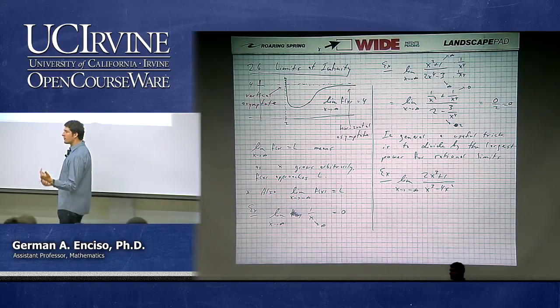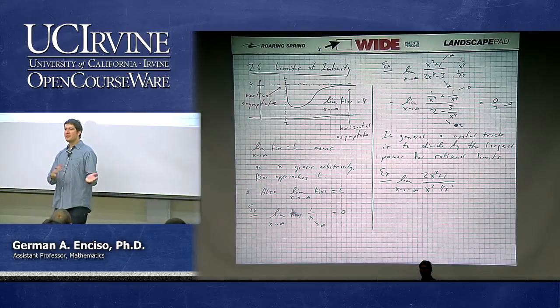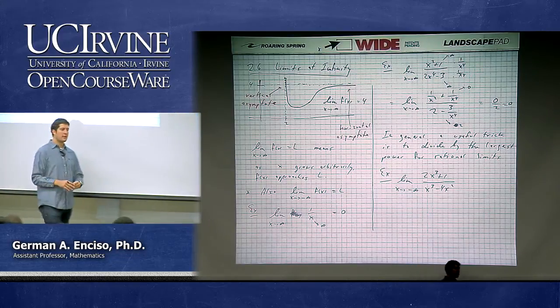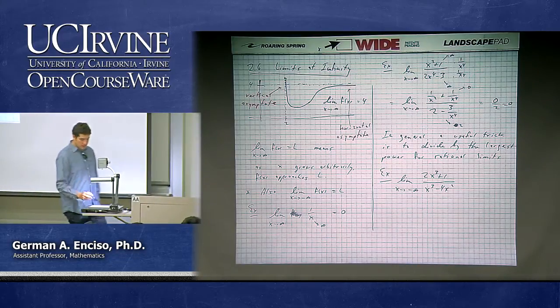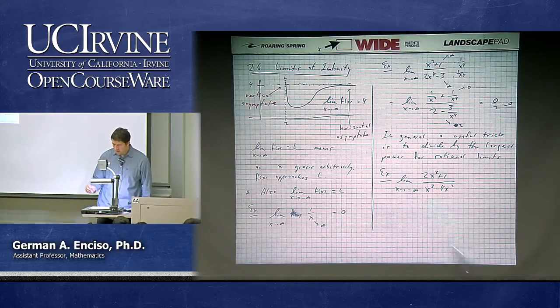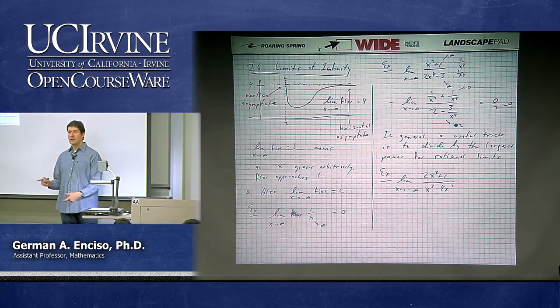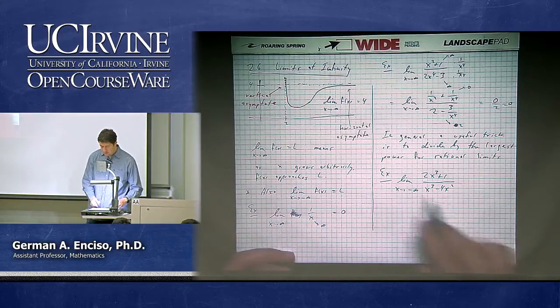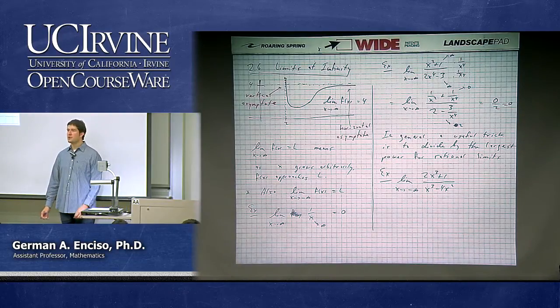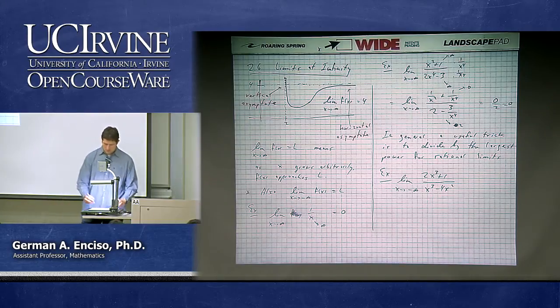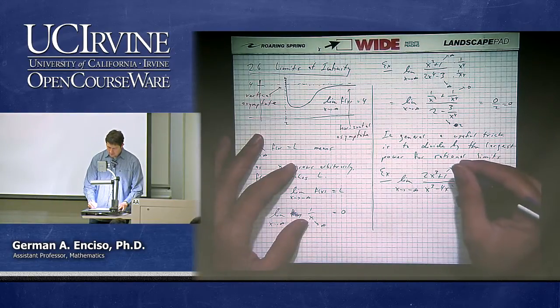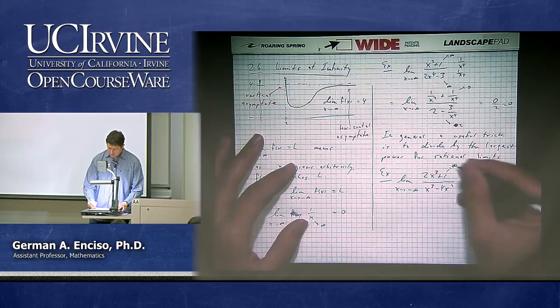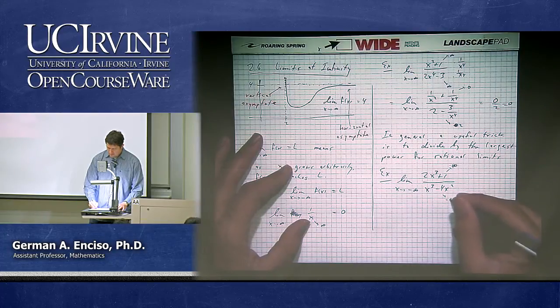Now think about what happens when x becomes very, very large and negative, like minus 1,000. So the thing on the top becomes what? Very large and negative, right? The thing on the bottom becomes very large and negative too. So we got something that goes to minus infinity divided by something that goes to minus infinity.